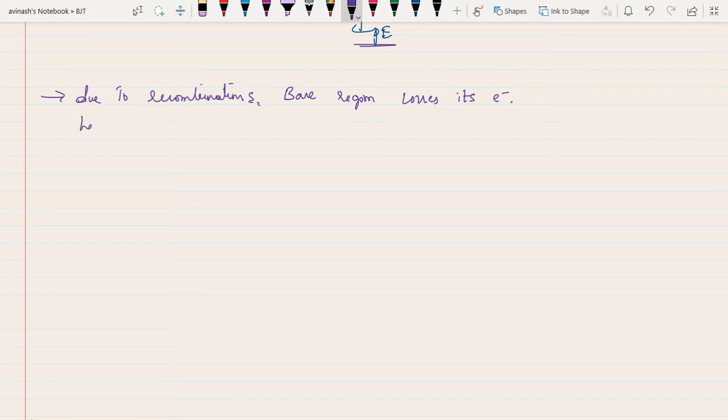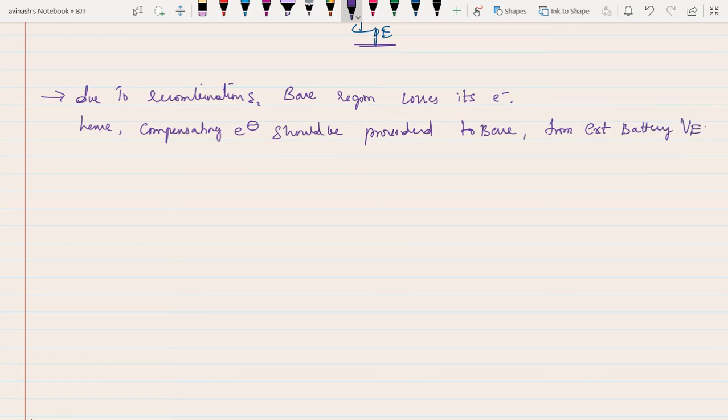Hence compensating electrons should be provided to the base from an external battery, that is nothing but VEB, to maintain the base region neutral. Hope this point is clear.